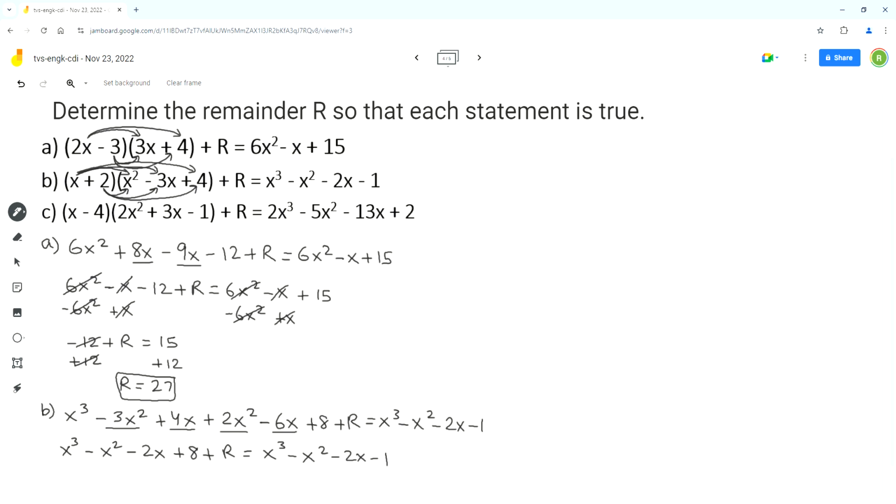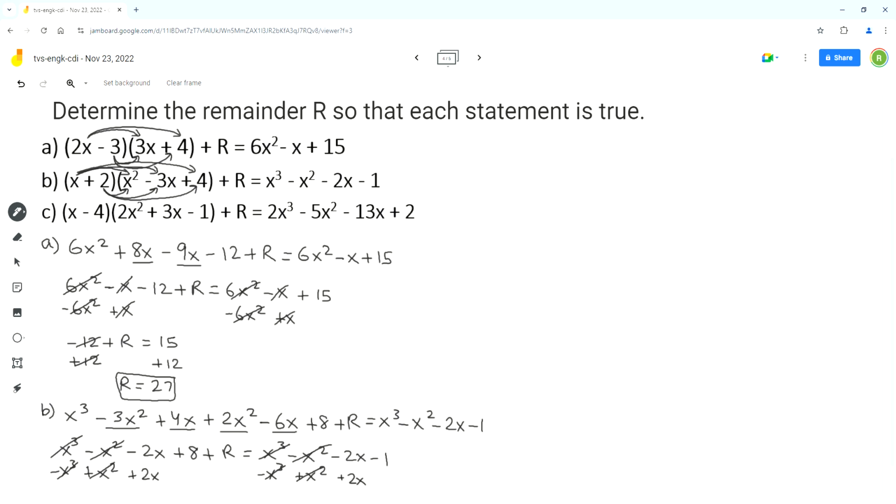Next, we can combine the like terms. We can subtract x cubed from both sides. We can add x squared to both sides. We can add 2x to both sides. The x cubed terms get cancelled out. The x squared terms get cancelled out.